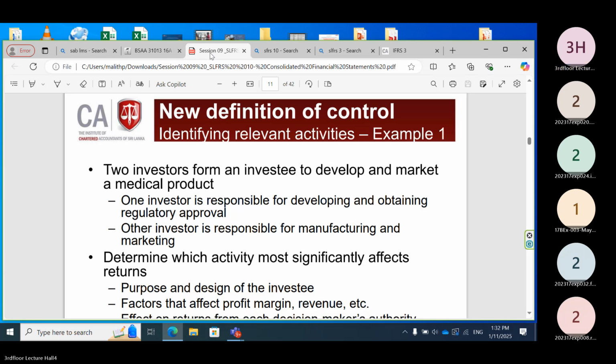Your involvement should be there to justify this. It's a critical aspect. Through this justification, we conclude that we have the control. With this assumption, we are starting. Now we are starting consolidation.